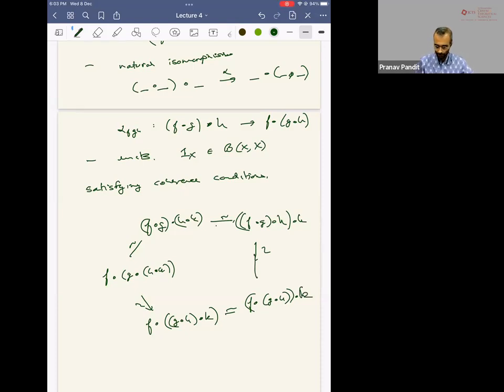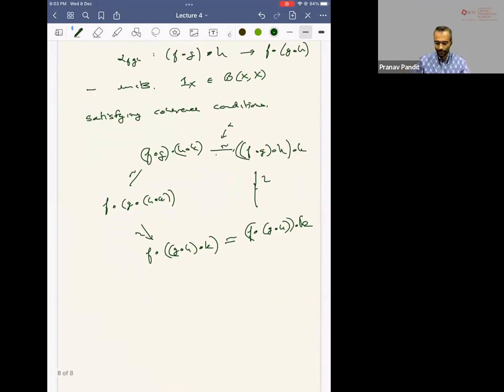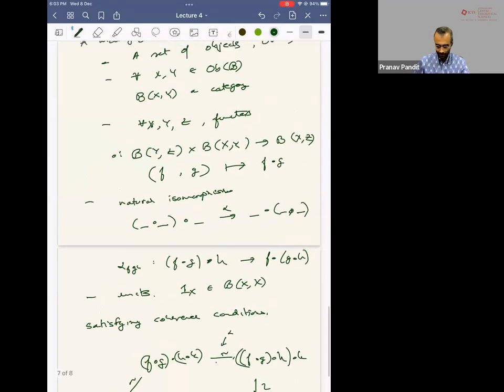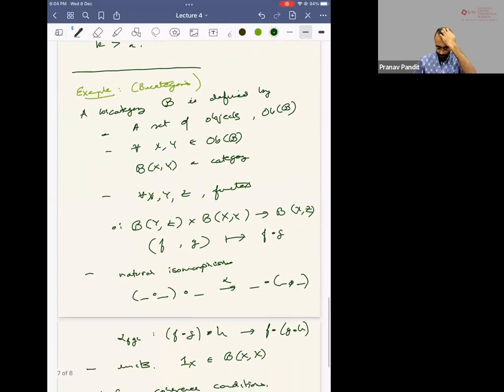The alphas, you can figure out the direction of the alphas. I'm not going to write it out, but these maps are given by alphas, and you want this diagram to commute. So this is the key type of axiom you want. And then there are things for units and so on. I won't write all of them down. They're self-explanatory. You can construct the definition from what you should expect. But this is the key axiom.